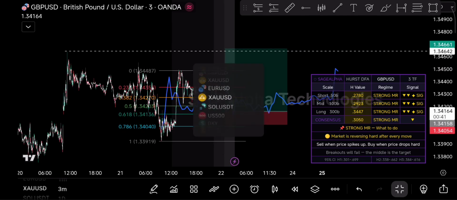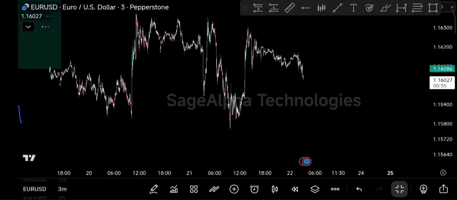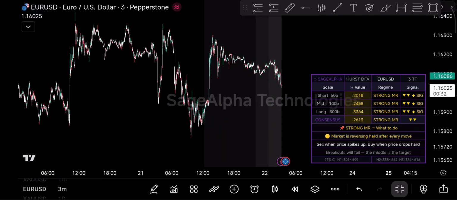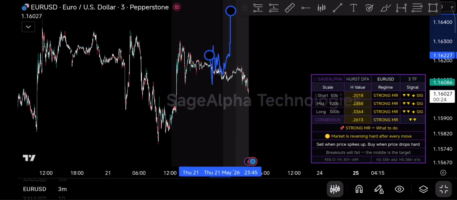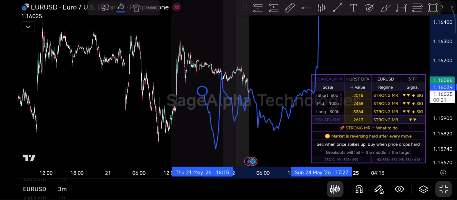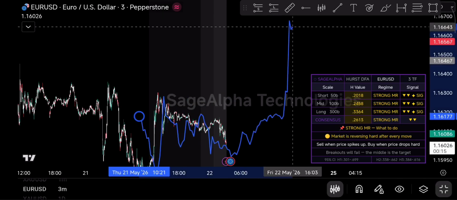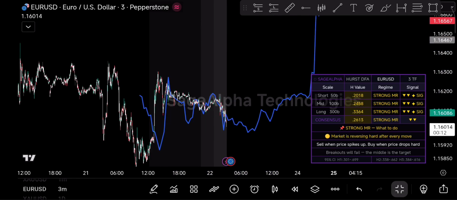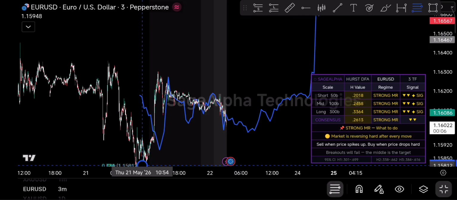And finally, our EURUSD, the euro pair. Same price action, same concept and analogy here. You take a copy, it says strong mean reversion. So take a copy here and rescale. Now you can see the highs here. We might still expect a sweep here.